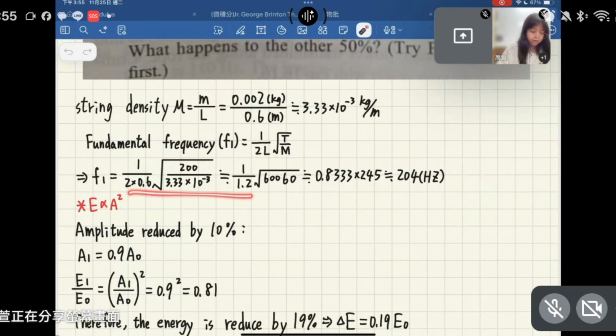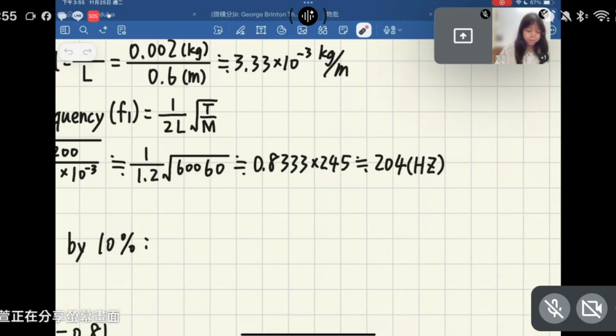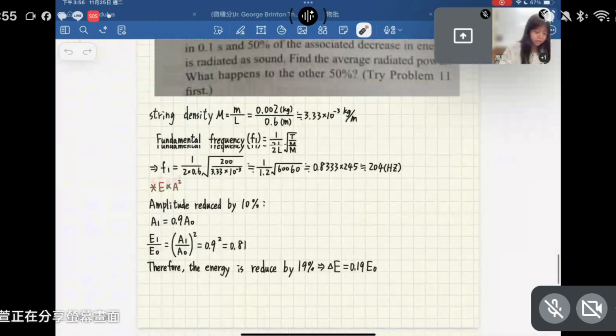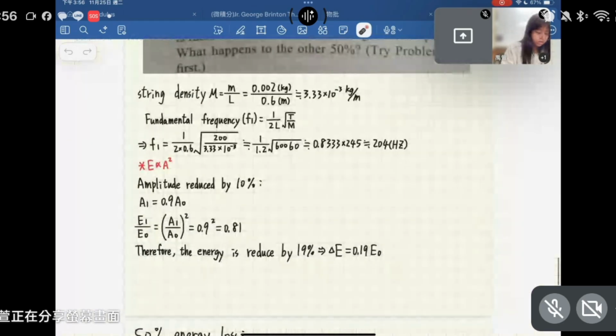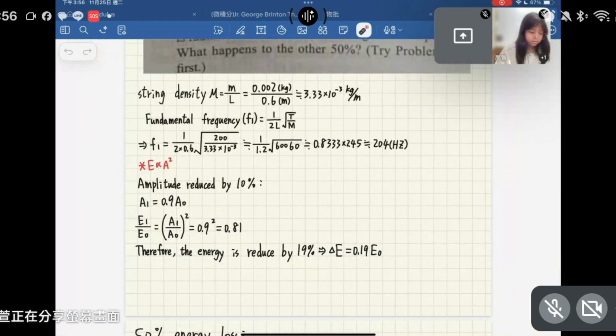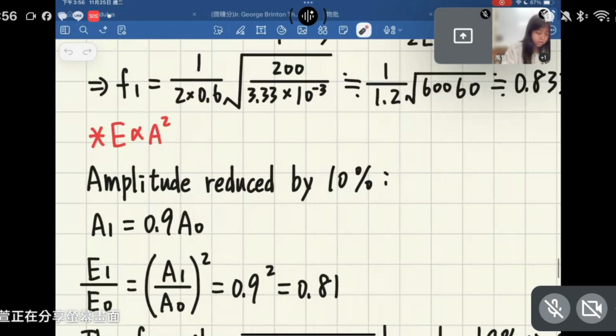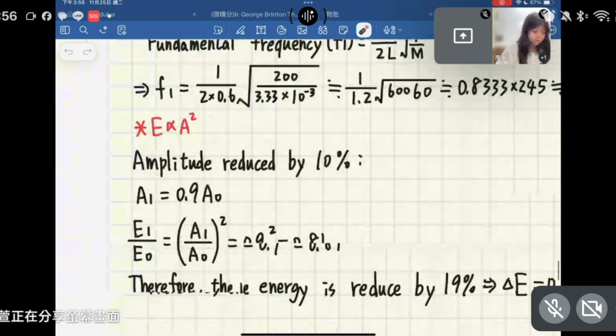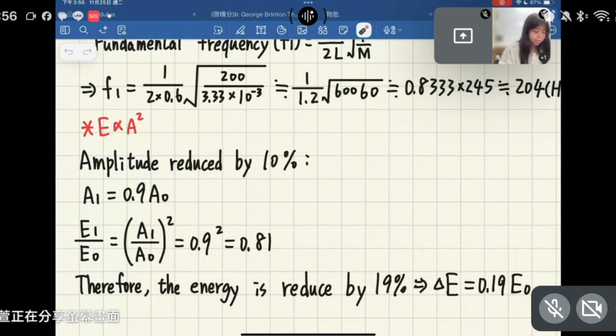So we can calculate the fundamental frequency. After calculating, we get that the fundamental frequency is around 204 Hz. And by using that the energy E is proportional to A squared, where A means amplitude, the amplitude is reduced by 10%.